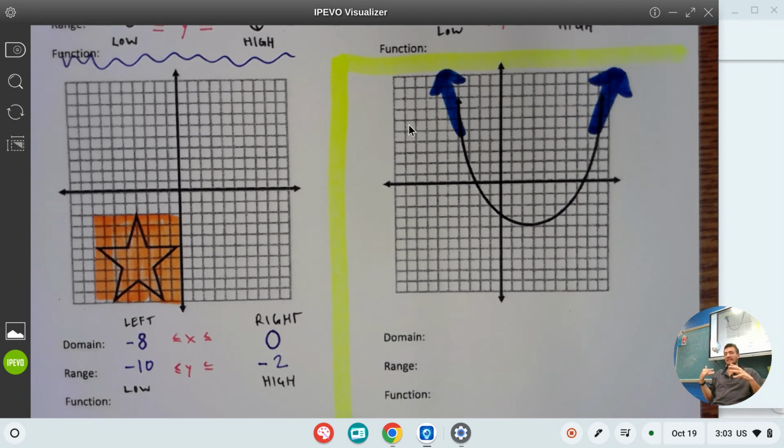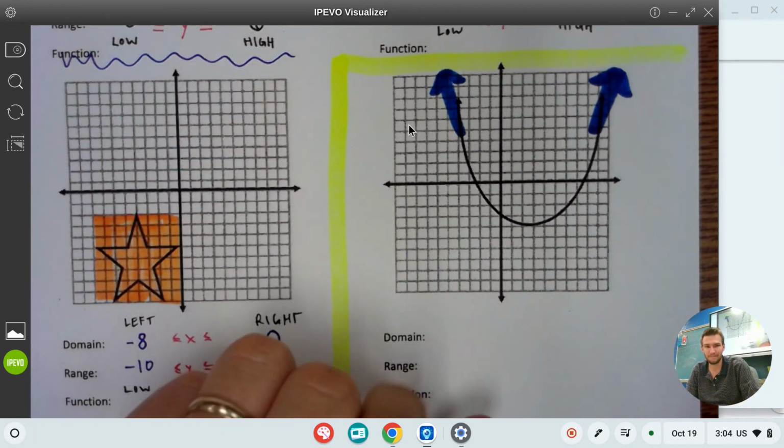Now, what does it mean if you see arrows on a graph? That's so extra in math, like. It is a little extra because it means that the arrows go on forever. Now, you guys remember that? Like when you're looking at a line, if it has arrows, it goes on forever. So here's what we got.